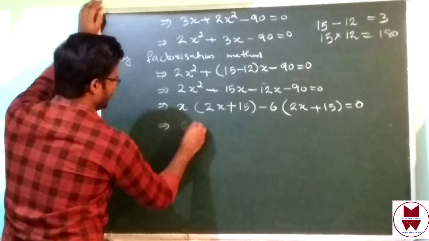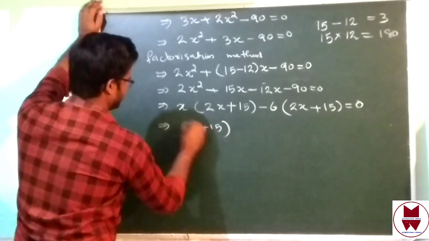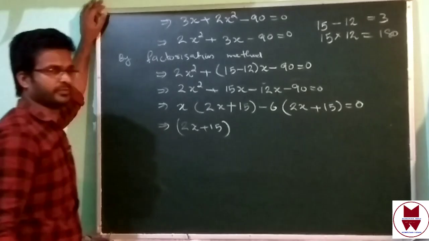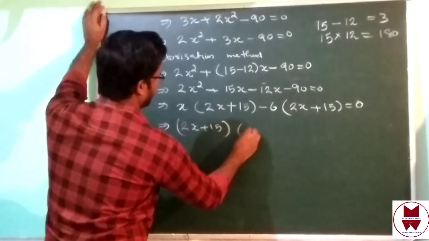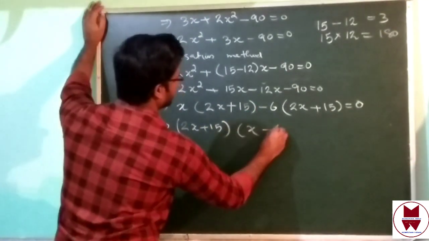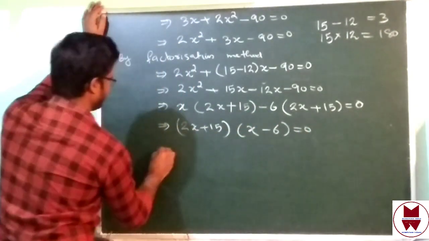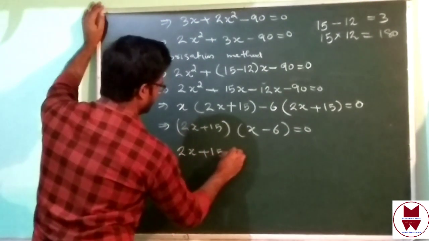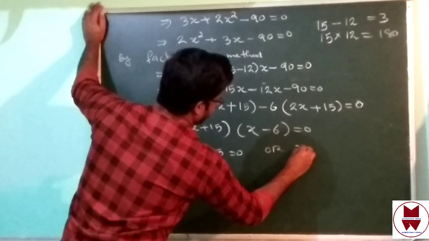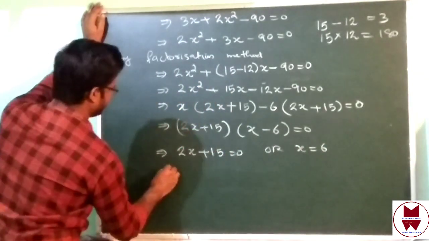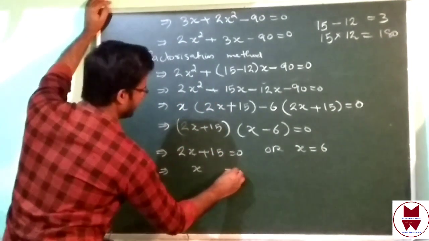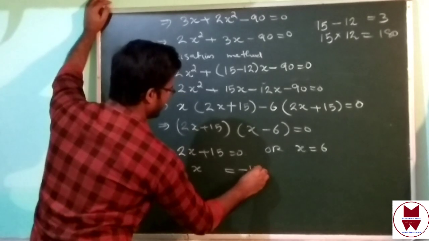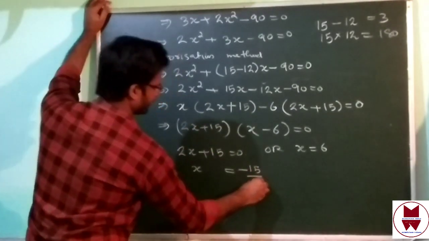Then all together, 2x plus 15, 2x plus 15, 2x plus 15 take outside. Then remaining x in here, minus 6 in here, equal to 0. 2x plus 15 equal to 0 or x minus 6 equal to 0, so x equal to 6. From 2x plus 15 equal to 0, 15 brought to the right side will be minus 15 divided by 2.